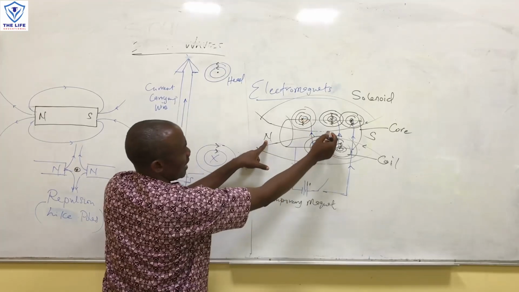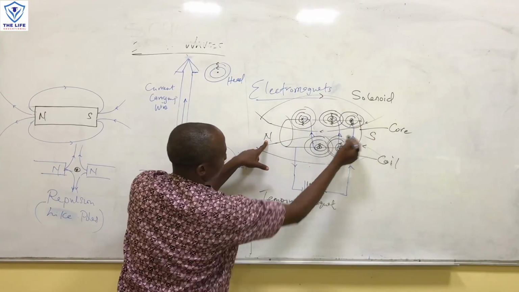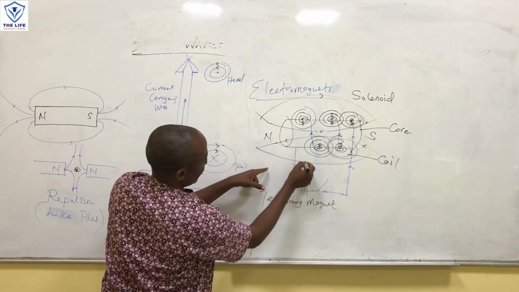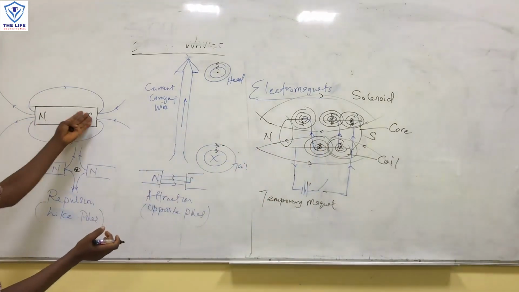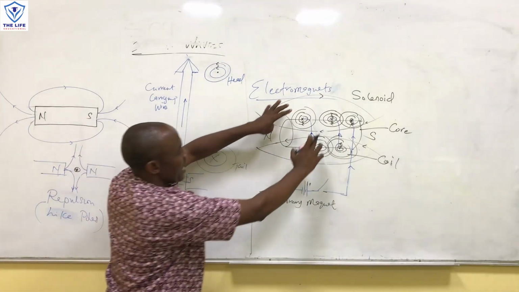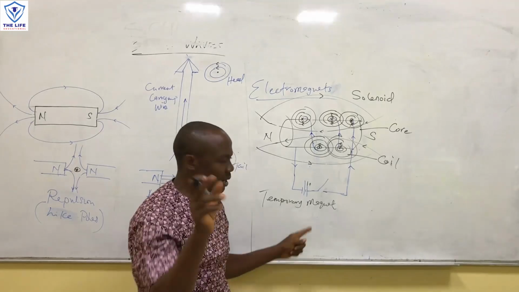If you look at it closely, while this is coming out, this is going this way, so it's entering from this place, south. This one is also coming out, entering here, south. So this is south and this is north pole, which is a replica of what I have in the south pole. So this field line makes this behave like a temporary magnet, so long as current is flowing.